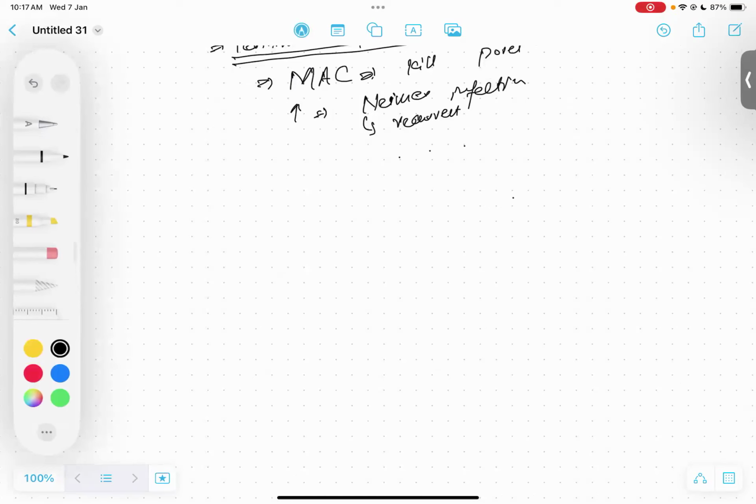Now complement regulatory deficiencies. Regulation is usually done by C1 inhibitor.